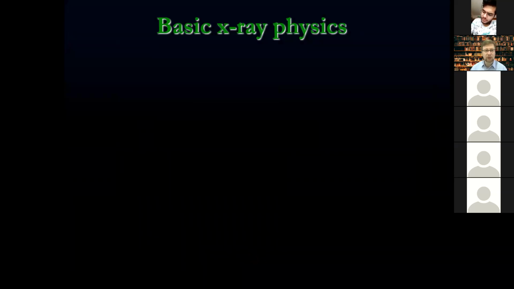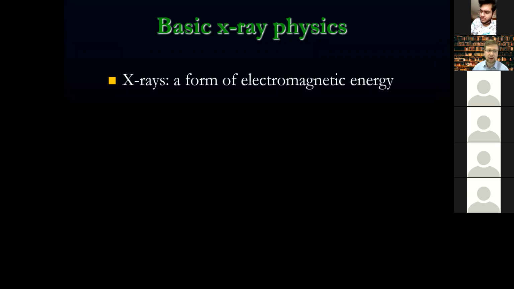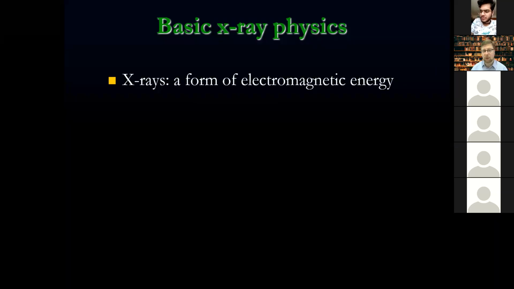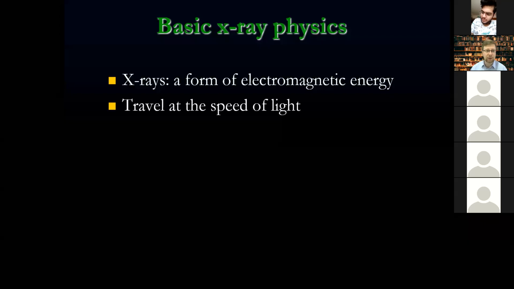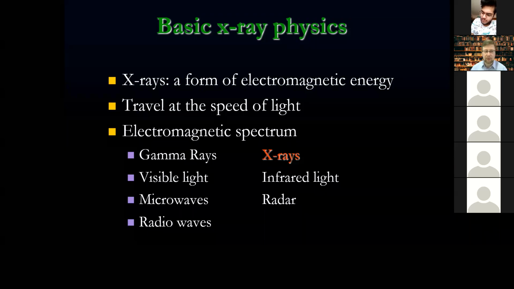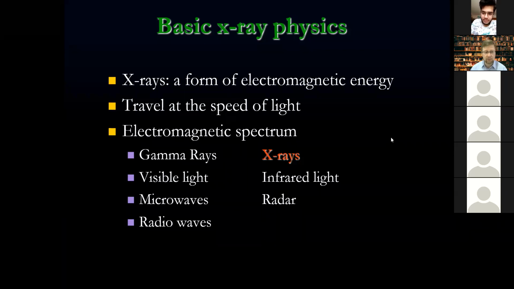Let's say a few words about the basics of X-ray physics. You know that X-rays are a form of electromagnetic energy which travels at the speed of light, and you can see the place of the X-ray waves in the whole electromagnetic spectrum. Gamma rays, we use them for nuclear imaging techniques.